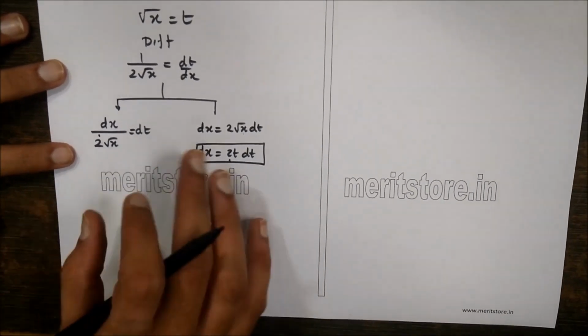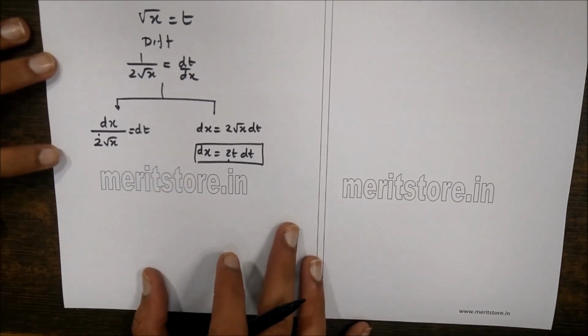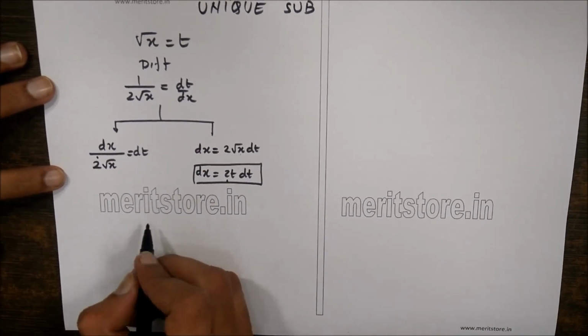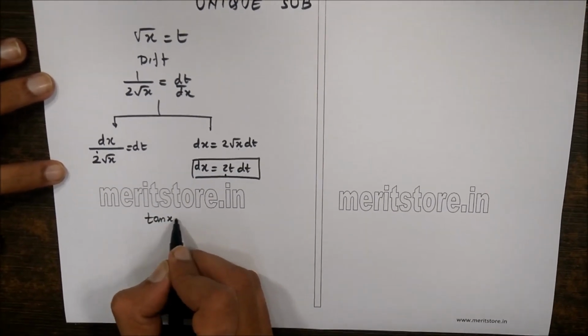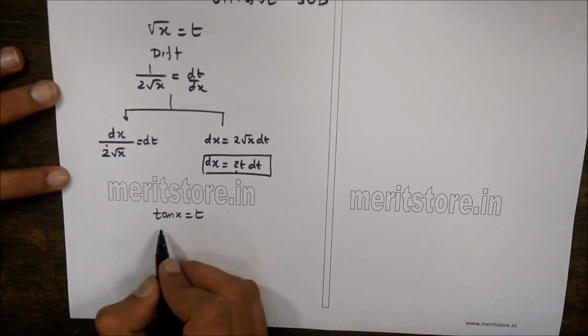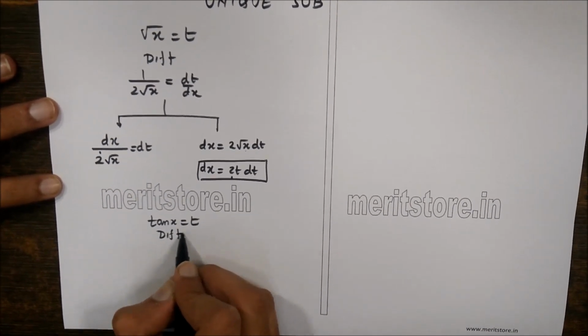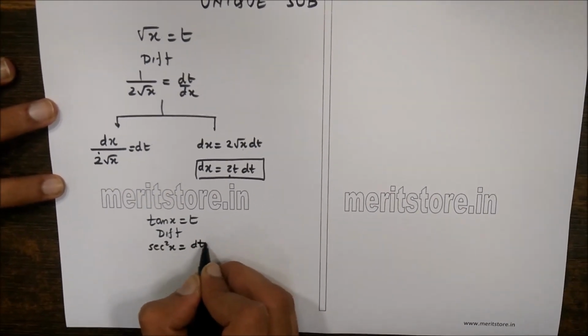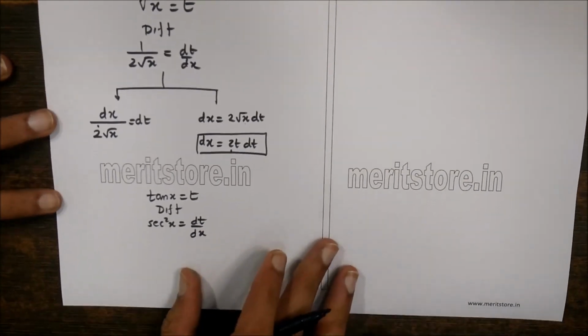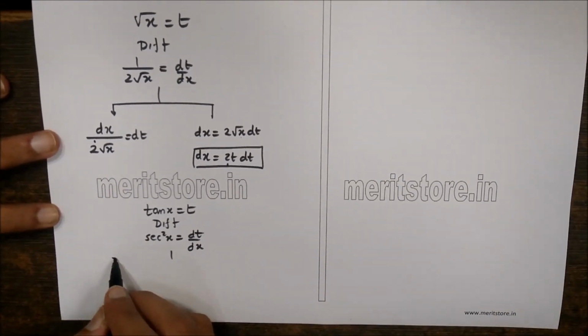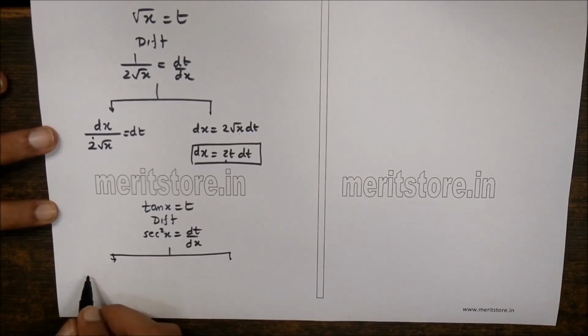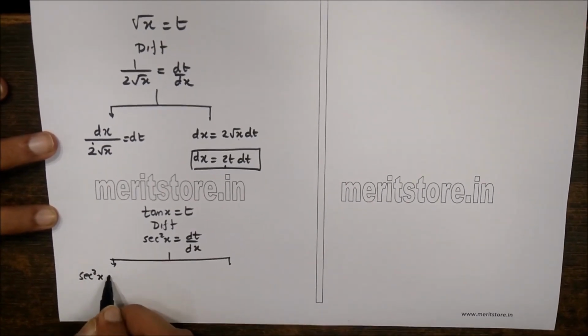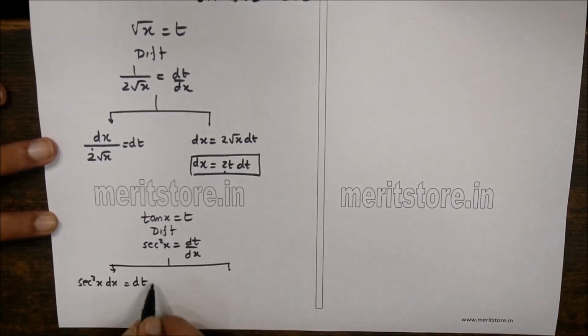The next substitution which shows this behavior is tan x equal to t. When I differentiate tan x equal to t, my derivative is sec square x is equal to dt by dx. This again can be utilized in two ways. The first method is sec square x dx is dt.